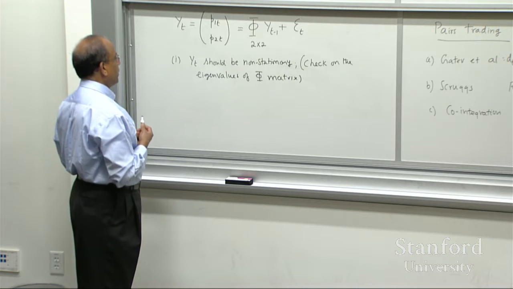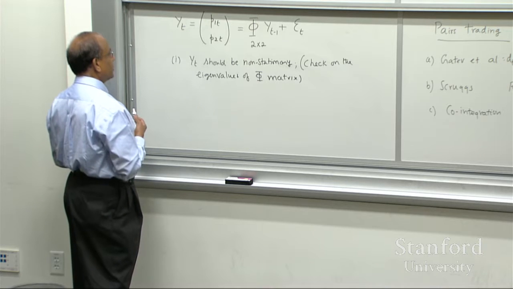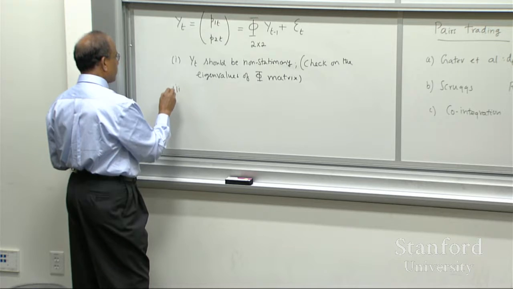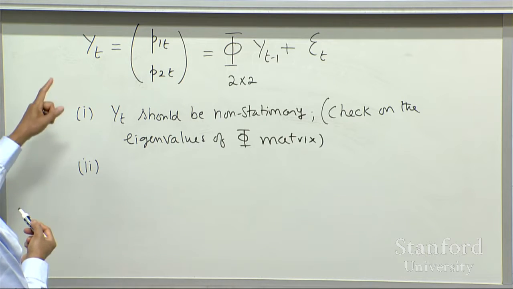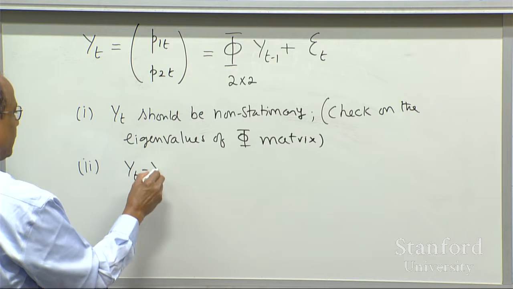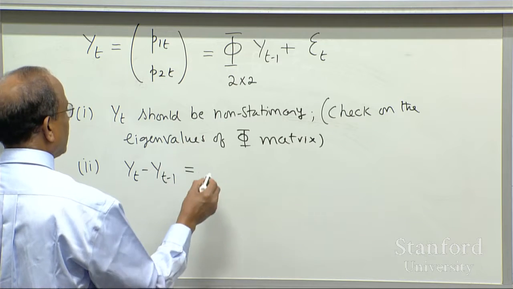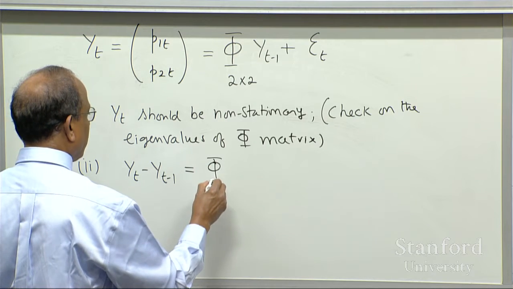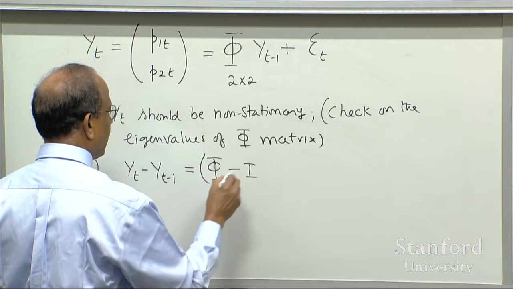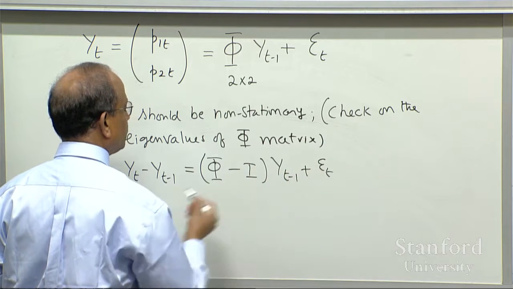Okay. But now I think the idea of co-integration comes in the following sense. We mentioned that you can rewrite this equation in the form of the differencing of yt and yt minus 1, which gives you (pi minus I) times yt minus 1 plus epsilon t.